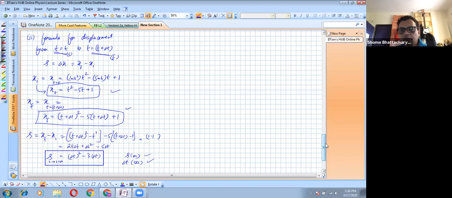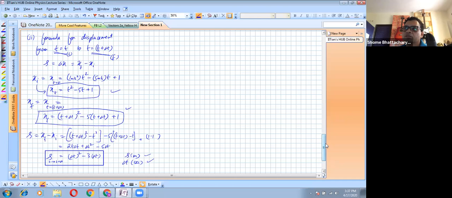Okay. Dhruv, you didn't get the last step from the second last step. The last step from the second last step is just that displacement is final position minus initial position. I've written the formula for x final, I've written the formula for x initial, and I've just subtracted the two.